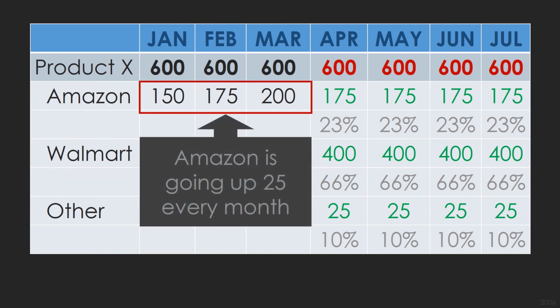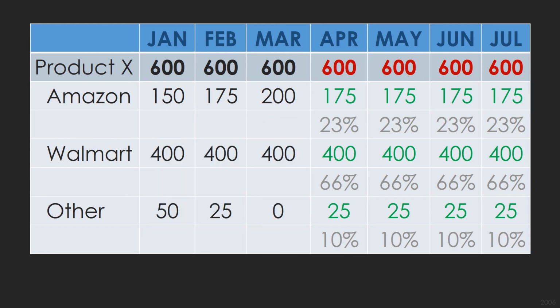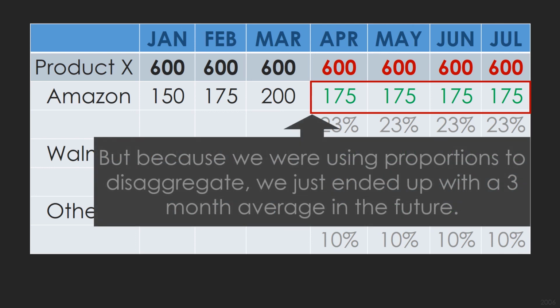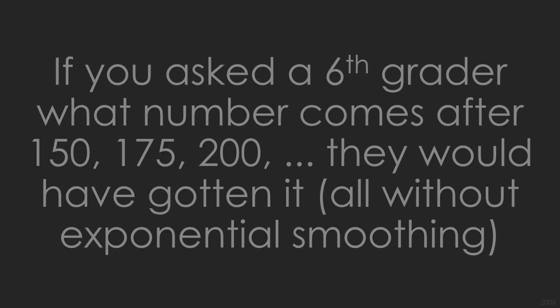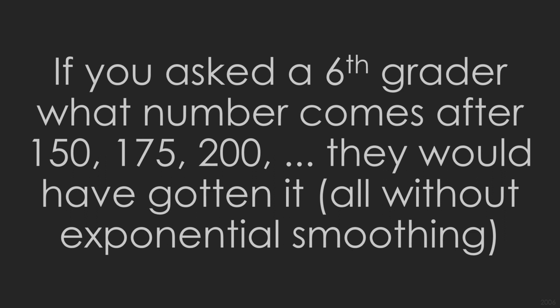Amazon is going up 25 every month. But because we were using proportions to disaggregate, we ended up with a 3-month average in the future. If you ask a 6th grader what number comes after 150, 175, 200, they would have gotten it, all without exponential smoothing.